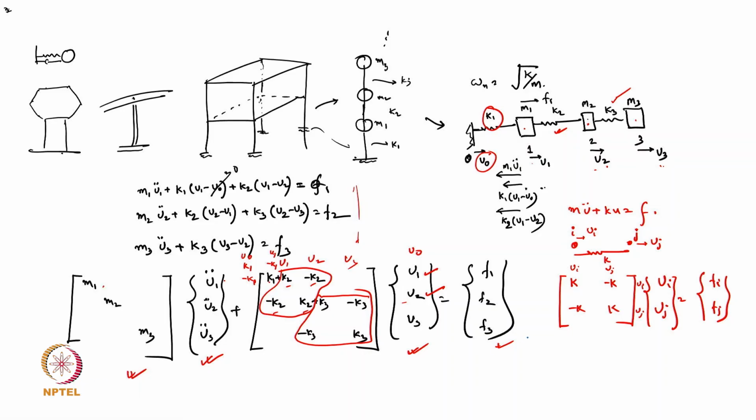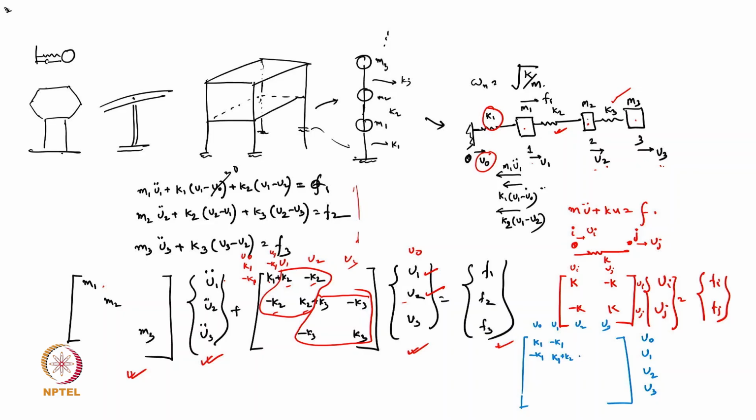I will write it here as U0, U1, U2, U3, and U0, U1, U2, U3. The top portion is not required to write at all; it is just to show it. So put it very simply: K1, minus K1, minus K1, K1.